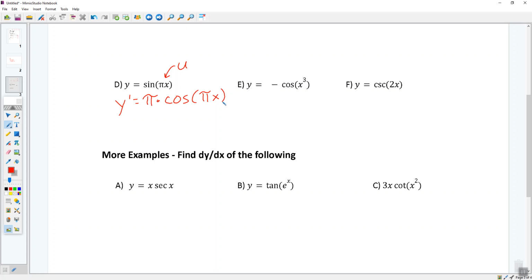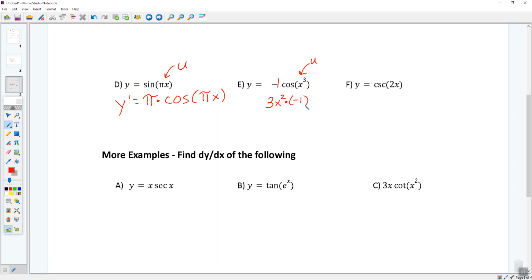Okay. We also see this next one. What are you allowing u to be in this one? What's the u value in that one? Okay, so let's think about this. We have to differentiate x to the third first, which is what? 3x squared. That's your u prime. This is kind of like negative 1 cosine of x, isn't it? So that'll be like times a negative 1 there.